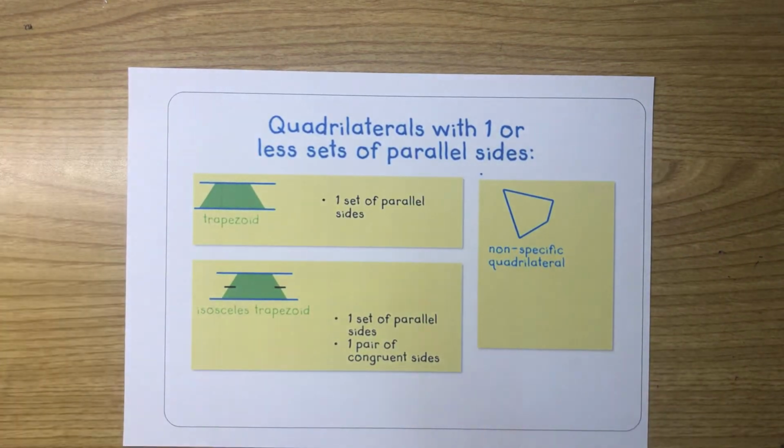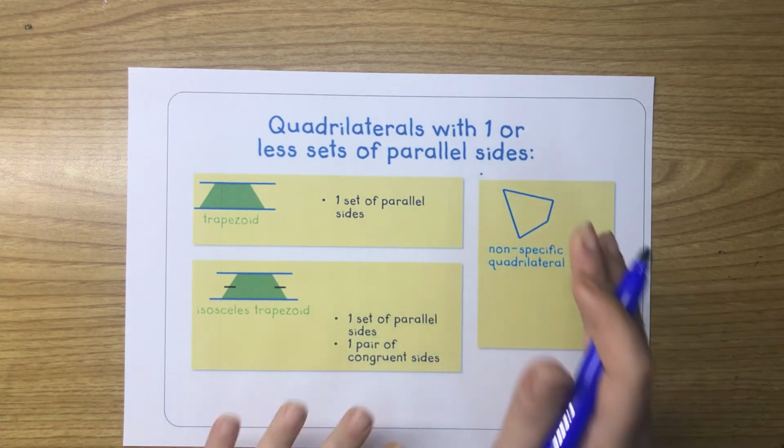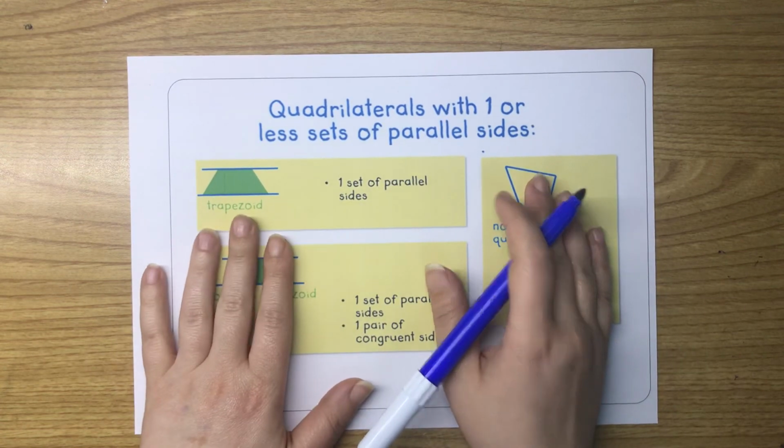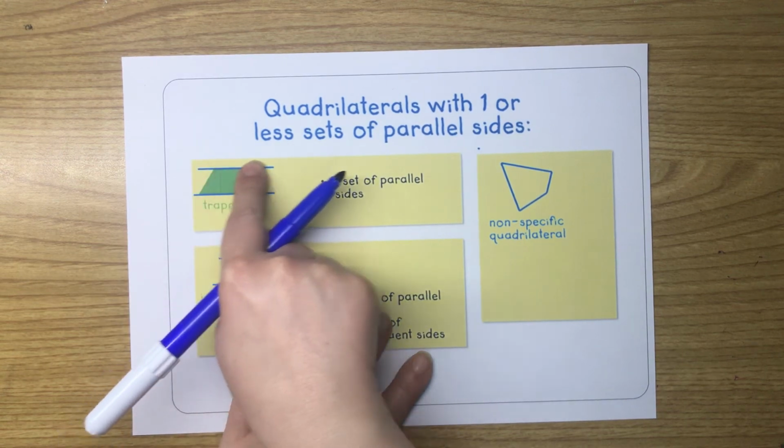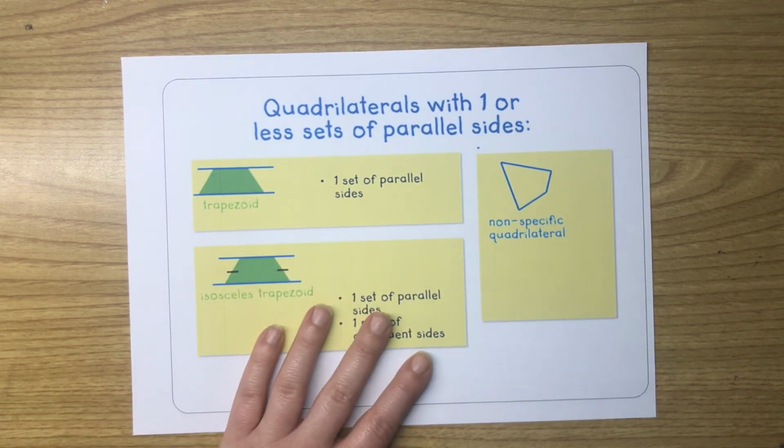The second set is quadrilaterals with one or fewer sets of parallel sides. For the trapezium or the trapezoid, the main characteristic is that it has only one pair of parallel lines.